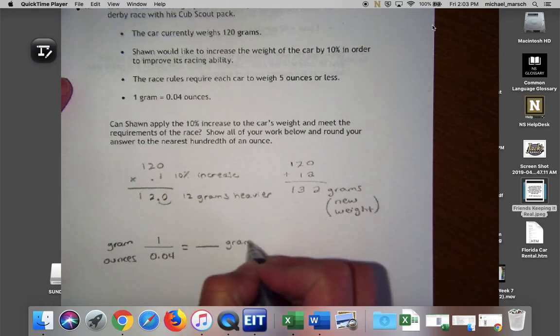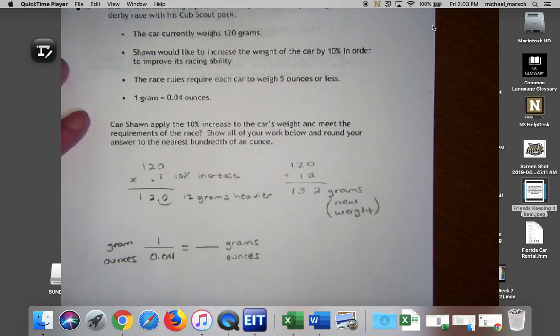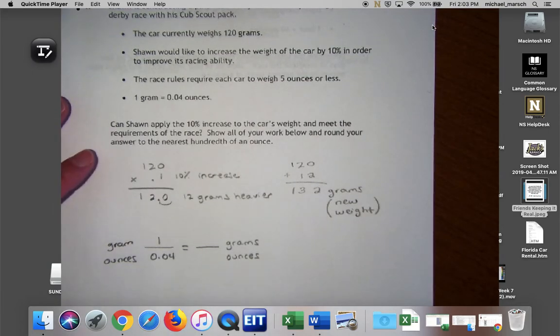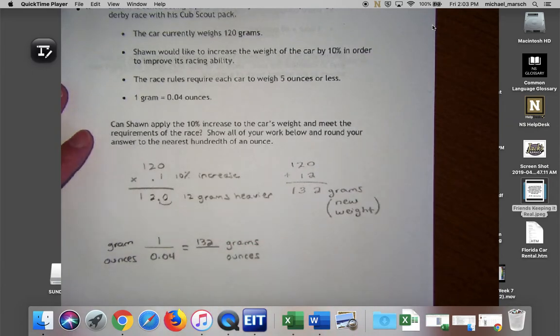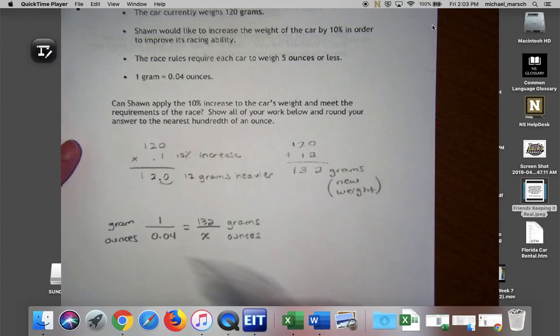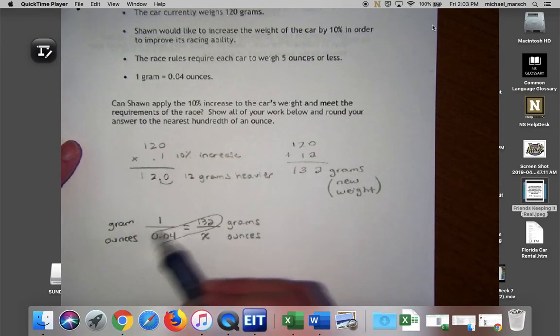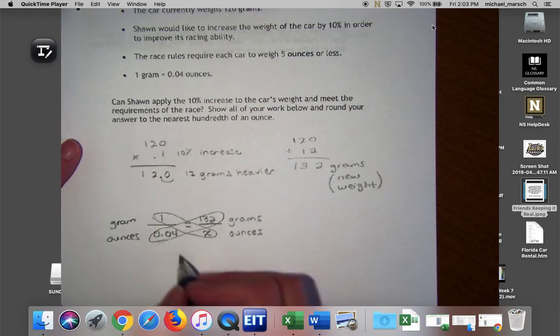Again, I'm going to keep grams in the numerator, ounces in the denominator, because we need them to line up. So I know I have 132 grams for the weight of the car. And then I need to find out how many ounces that is. So I'm going to do my loop-de-loop, 132 times 0.04, and 1 times x.